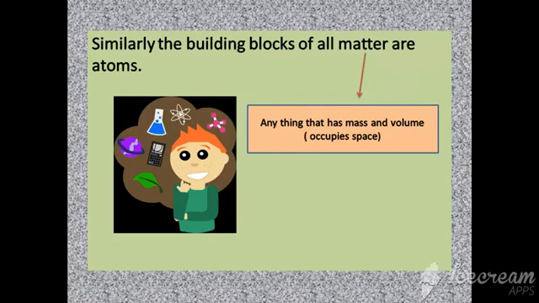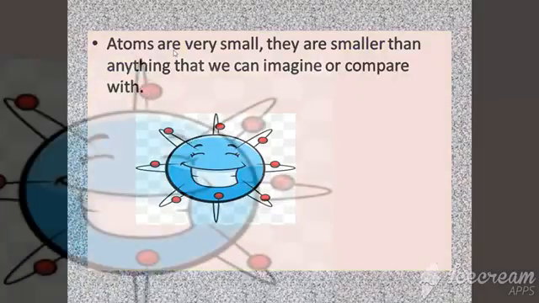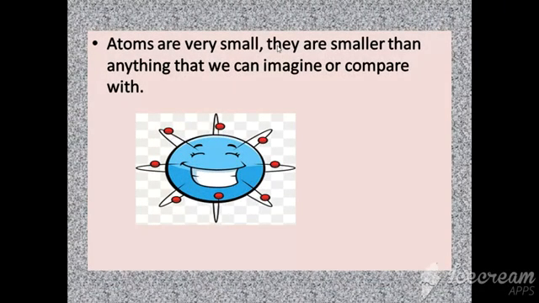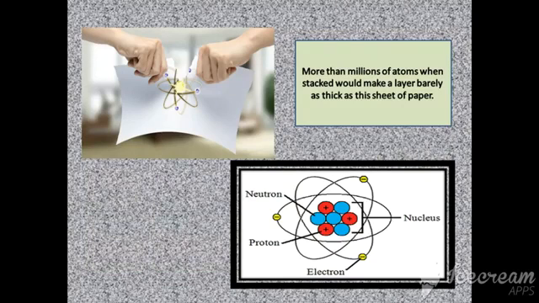Okay. So this atom, if we see, is very small. They are smaller than you imagine. Yes, they are tiny particles. More than millions of atoms when stacked would make a layer barely as thick as this sheet of paper.